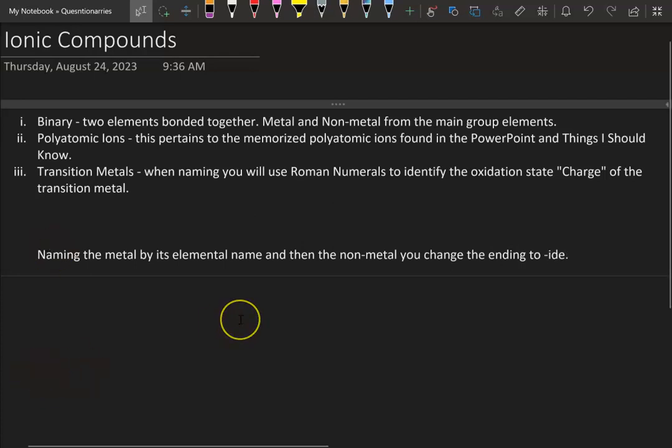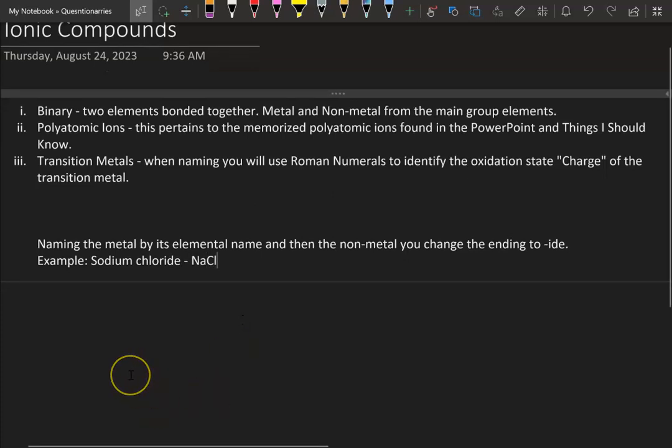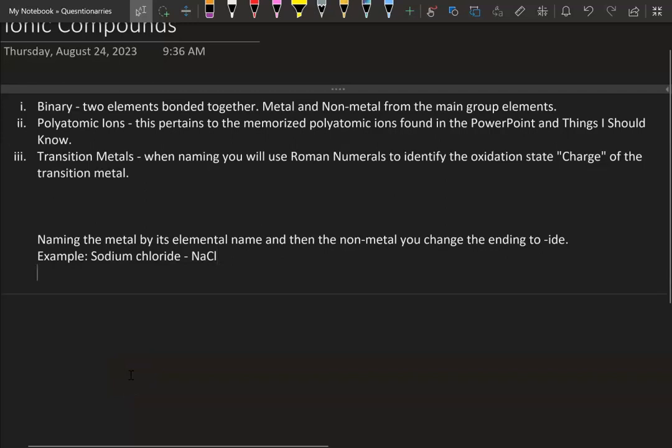So an example being, and this is the most common example, would be sodium chloride, all right, which has the formula of NaCl. All right. Another example would be magnesium oxide, which would have the formula of MgO.